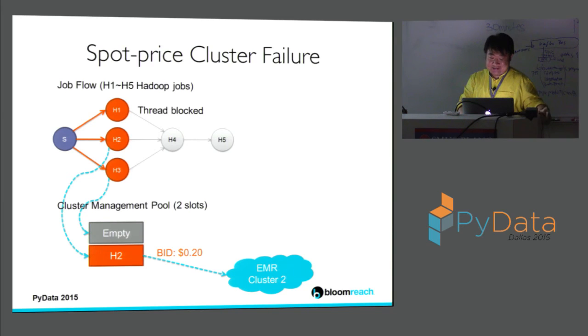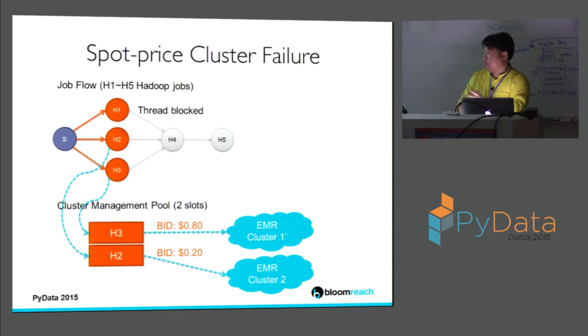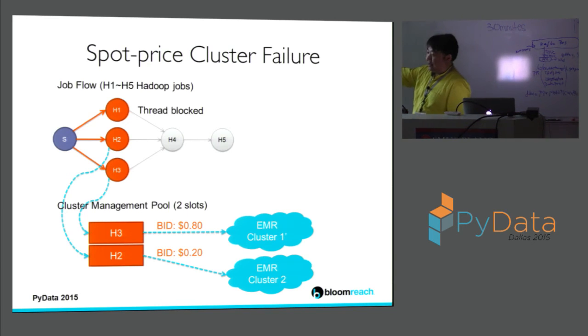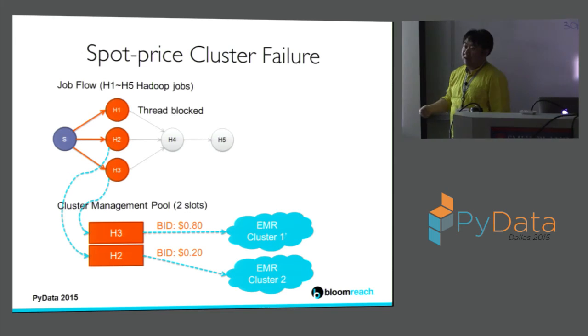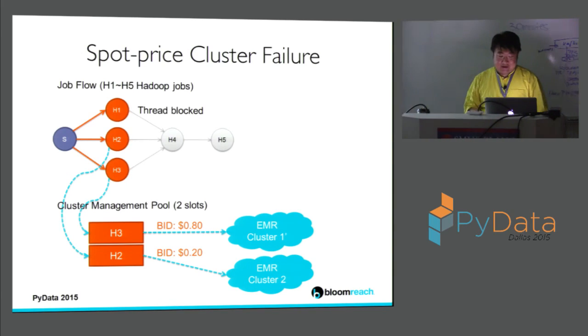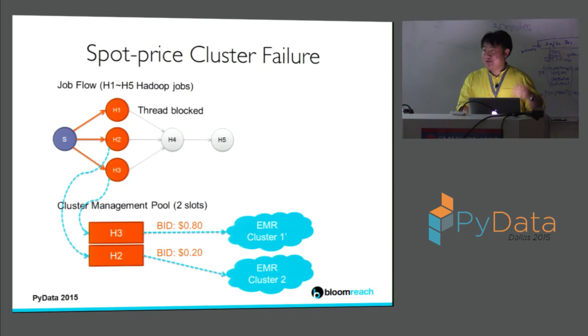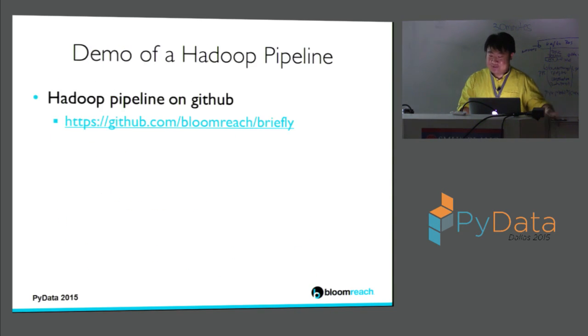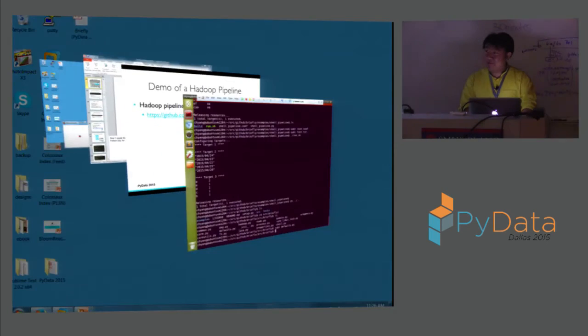That's kind of the cool thing. But in this case, because the slot remembers its previous bidding price, it will try to bid with a higher price. So it will try to create another cluster, which is cluster 1 prime, with a higher bidding price. Briefly also handles this for you. And this is all running under the hood, and you don't have to worry about that once you set this correctly. So now we have everything.